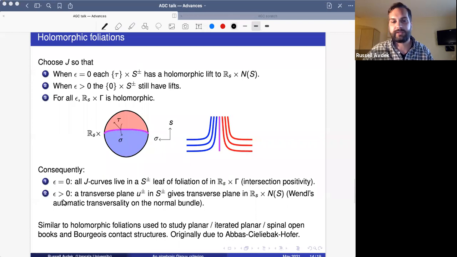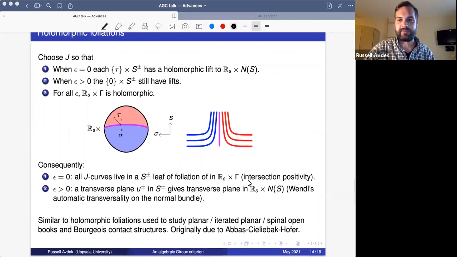And when epsilon is greater than 0, we can use some Wendl automatic transversality results on the normal bundle to the manifold to say that if we have a transverse plane which is inside the positive or negative region, this will give us a transverse plane in the symplectization of our neighborhood of our convex hypersurface.